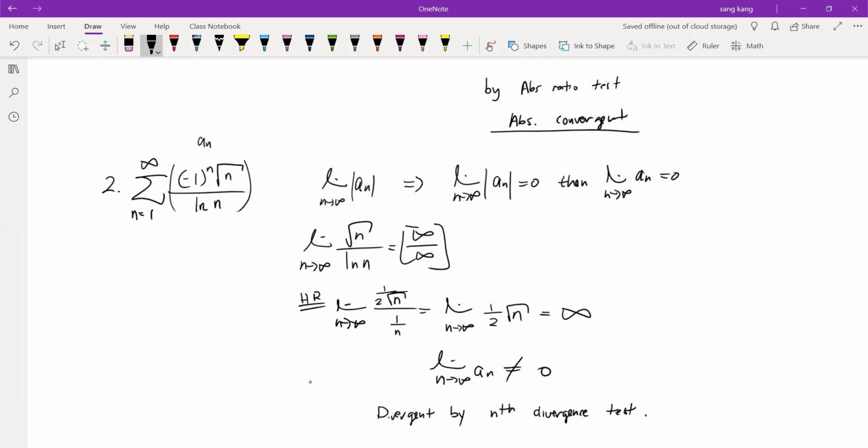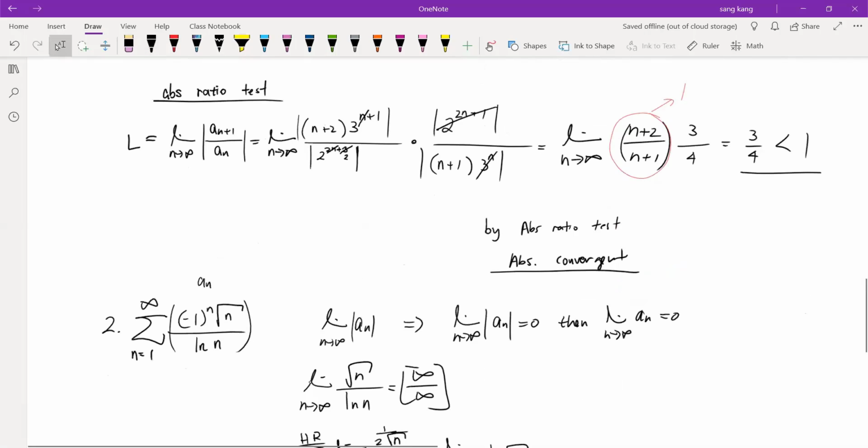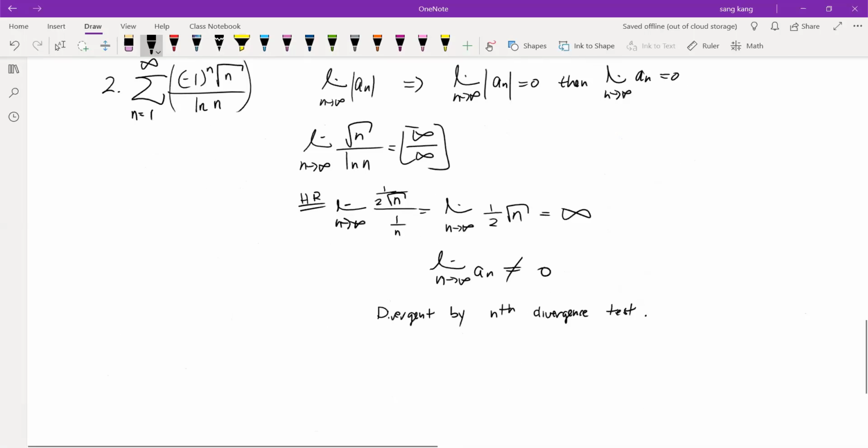So again, a rule of thumb is if you have exponentials and factorials, those are good to use ratio tests. But since this one doesn't, and there's clearly a -1 to the n, an alternating series term, that's why I knew to use the alternating series test for this guy right away.